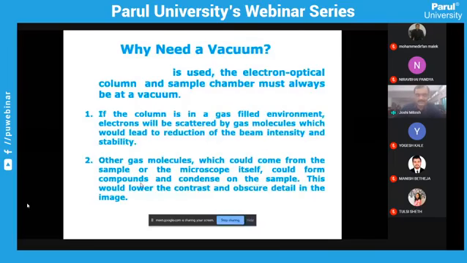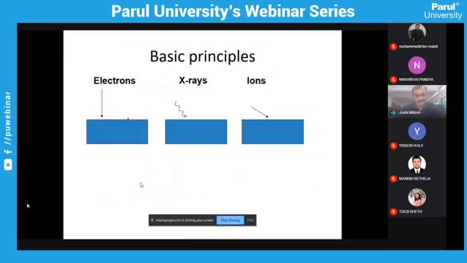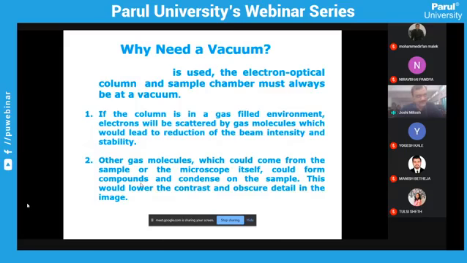Generally, it is inbuilt nowadays, so you don't have to go for other things. When you purchase a SEM, the diffusion and rotary pumps are attached with it, so you just need to switch on. Vacuum is already created around 10 to the power minus 5 or minus 7, depending on what kind of voltage you are using.